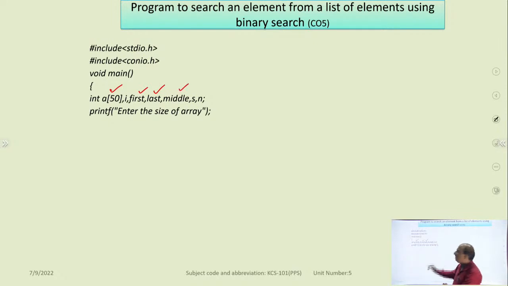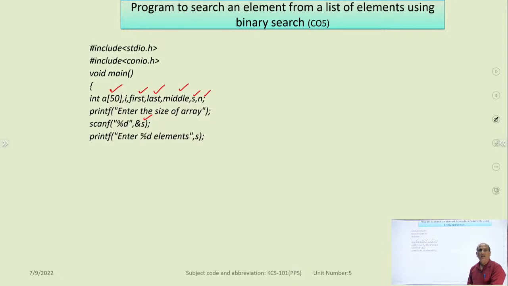Middle is the mid index value, we will find by adding first plus last upon 2, and S and N are variables, N is the item to search. So firstly we enter the size of the array and we store it in the S variable. Then we enter the elements, the S elements, into this array.